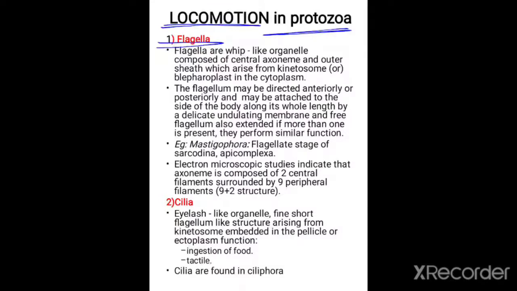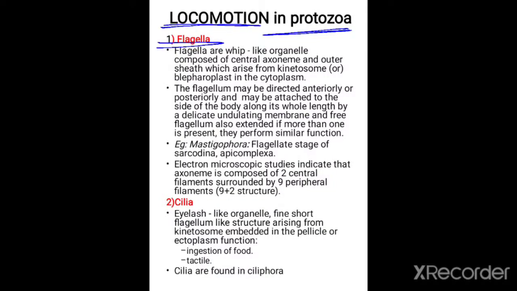This arises from the kinetosome of the cytoplasm. This point we have to remember: flagella arise from the kinetosome of the cytoplasm, and the innermost central part of the flagella is the axoneme, which is covered by the outer sheath.